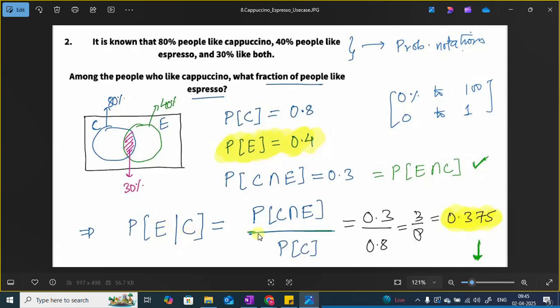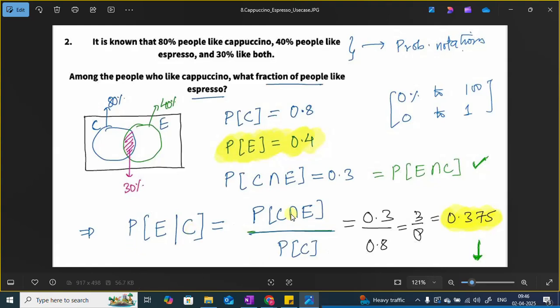The formula will be probability of cappuccino intersection espresso divided by the probability of cappuccino. Now tell me, what is the probability of cappuccino intersection espresso? Nothing but 0.3. What is the probability of cappuccino only? 0.8. So that is nothing but 3 by 8, nothing but 0.375. This is a probability.